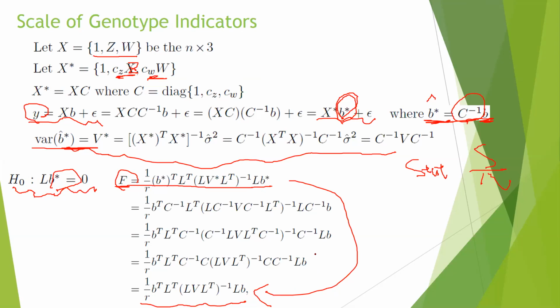This is the beauty of the linear combination. In any design, you can arbitrarily use different ways to design your Z variable and W variable for the additive and dominant effect, but this change will not affect your statistical testing.